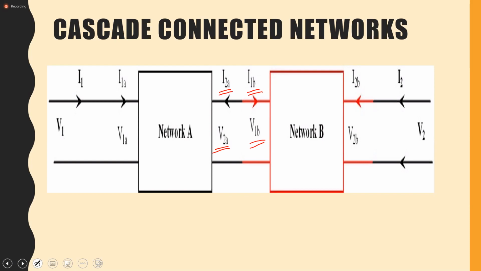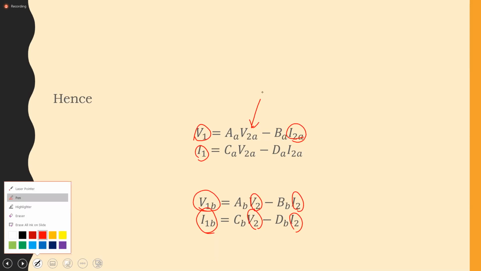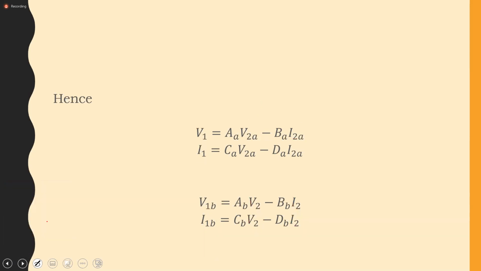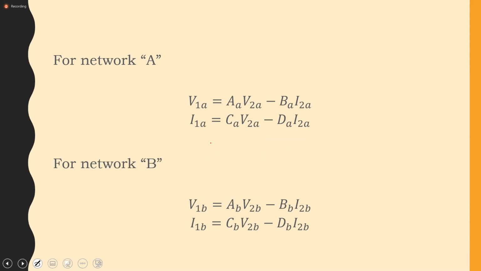So having that, we made the initial substitutions at this point so that V1A was equal to V1, so we could make that substitution right off. I1A was equal to I1. On the output side, V2B, remember these are the equations that we had.